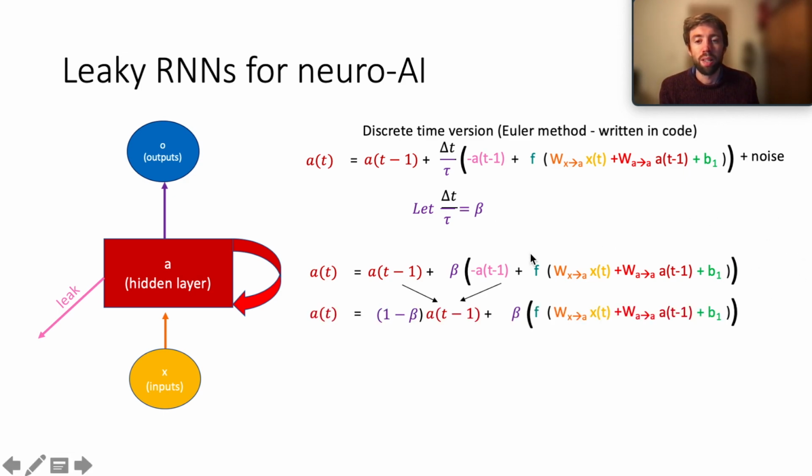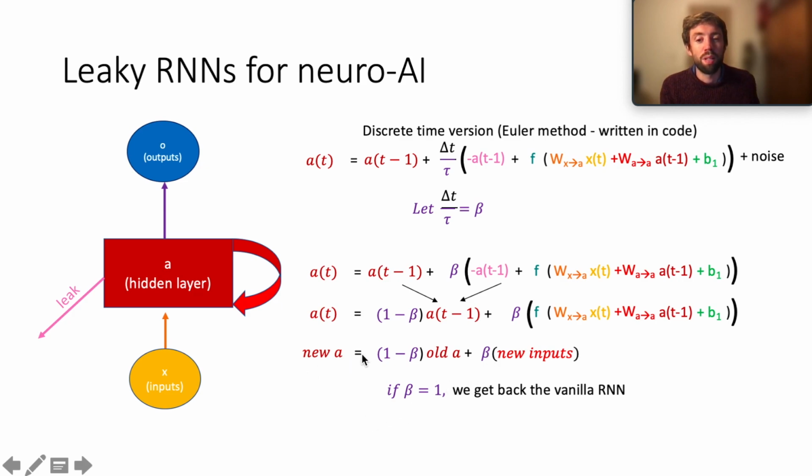And we can rewrite this so that the activity at time point t is equal to 1 minus beta times the activity at time point t minus 1 plus beta times the new inputs. The new activity is equal to 1 minus beta times the old activity plus beta times the new inputs. So 1 minus beta is how much of the old stuff you remember at the new time point, and beta is how much you update.